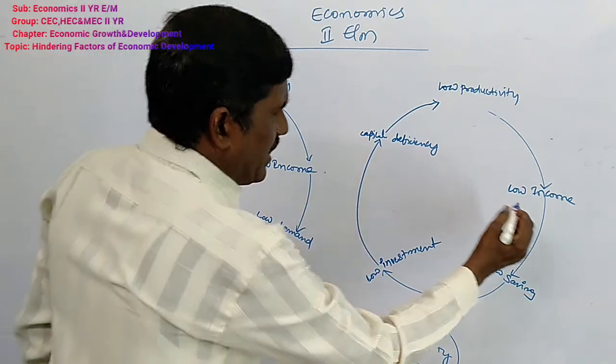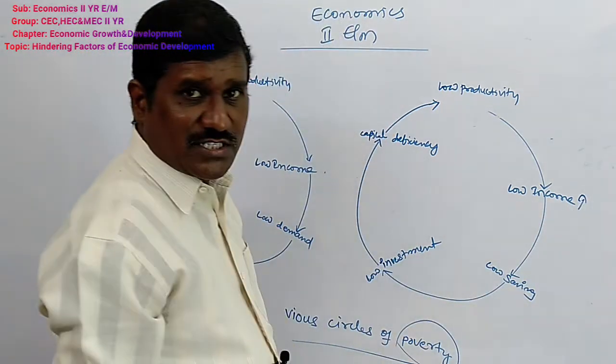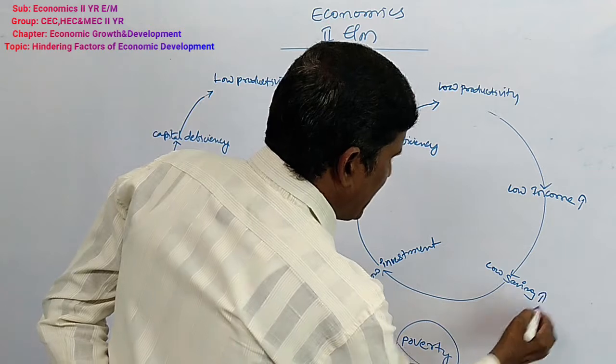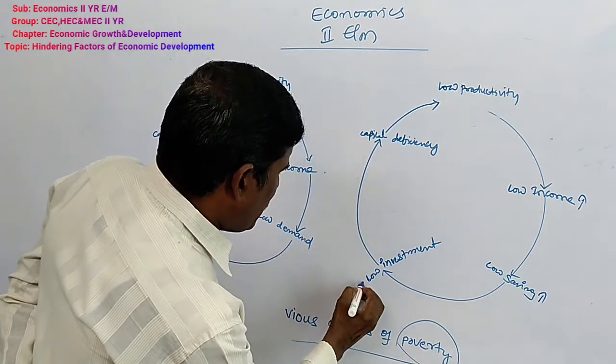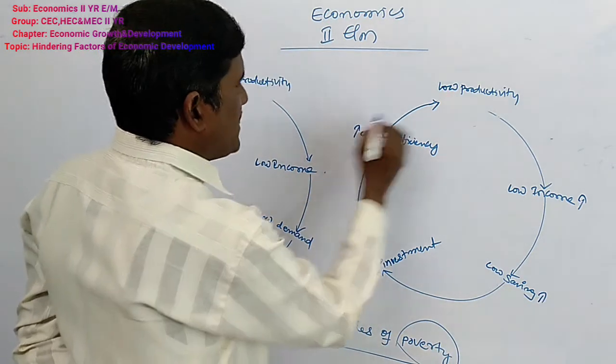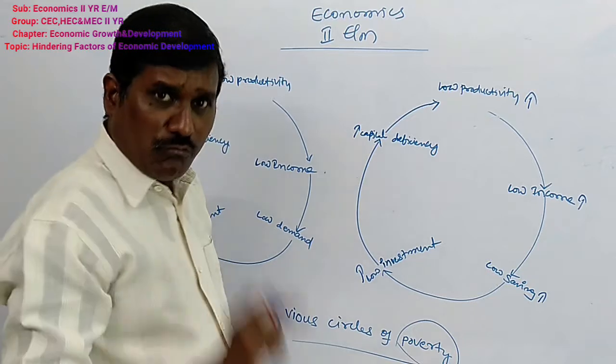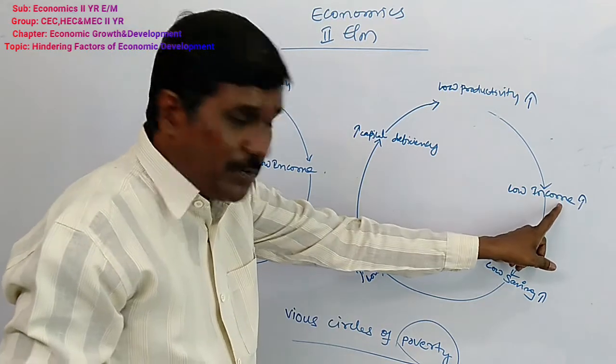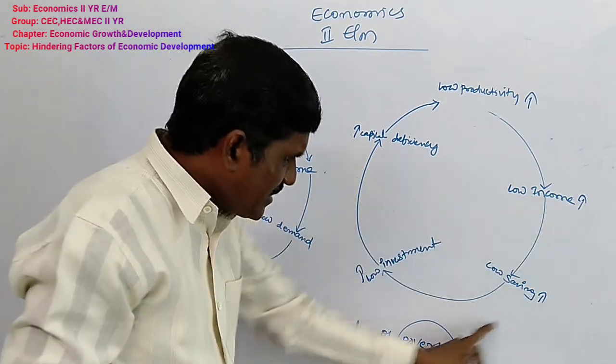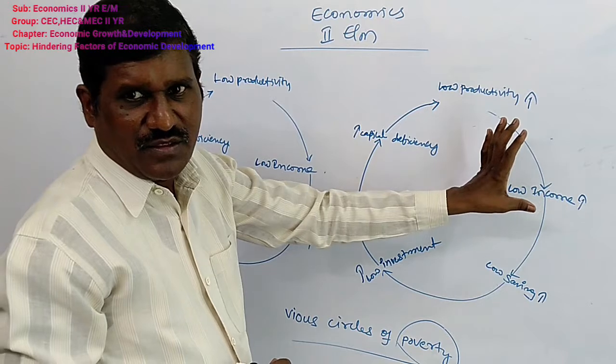Suppose income increases. Try to understand. Income increases, saving increases, investment increases, capital increases, productivity increases. So when we increase the income of the people, automatically the circle will be changed.